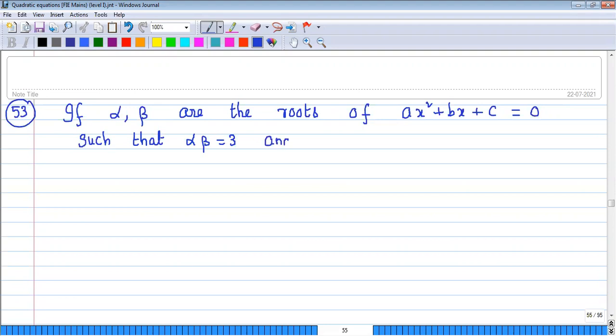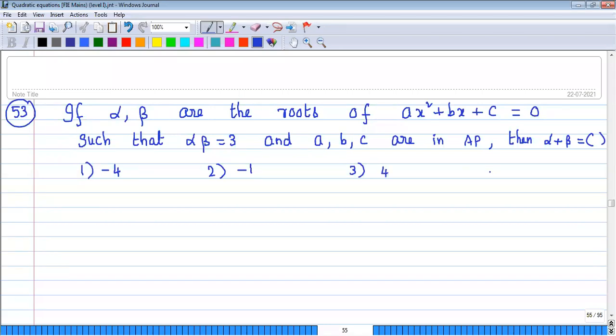And a comma b comma c coefficients are in arithmetic progression AP, then alpha plus beta is equal to, first option minus 4, second option minus 1, third option 4, fourth option is minus 2.